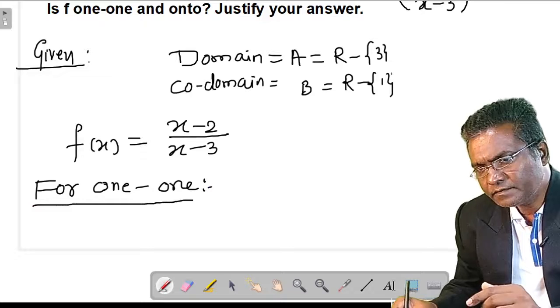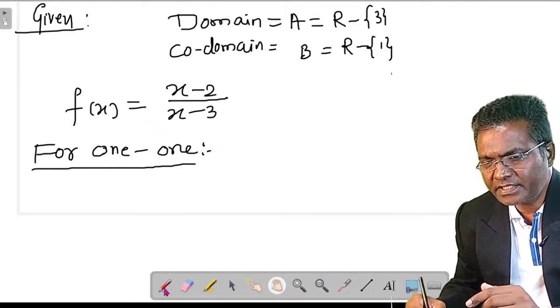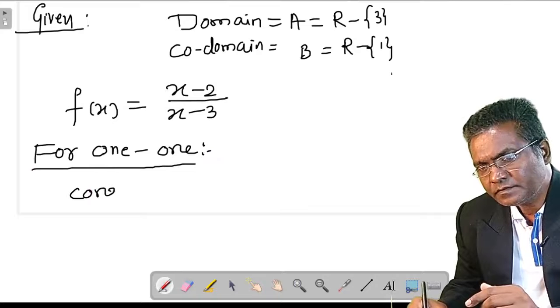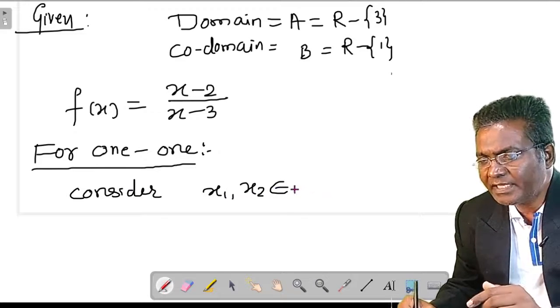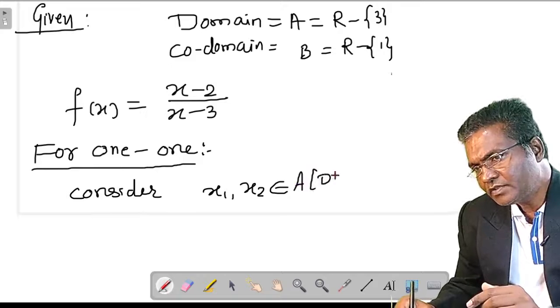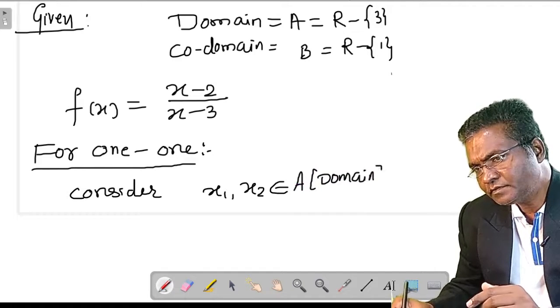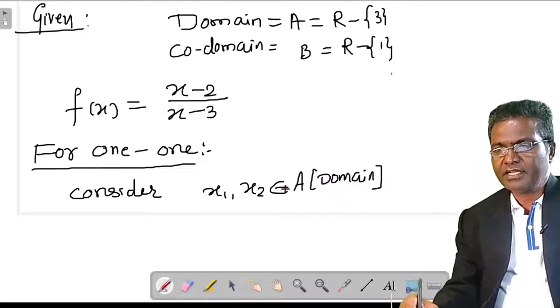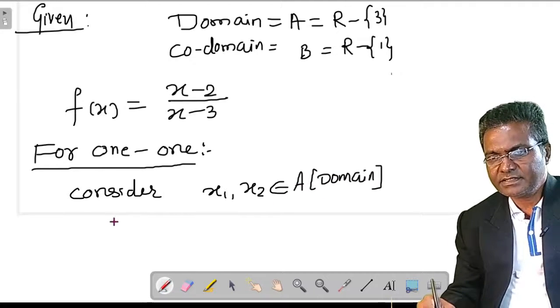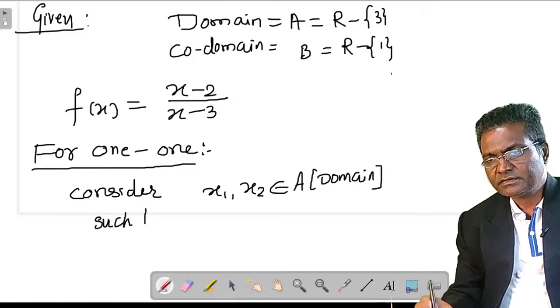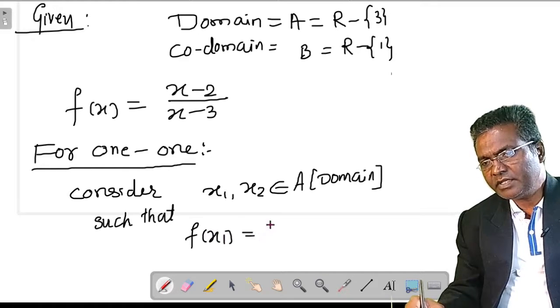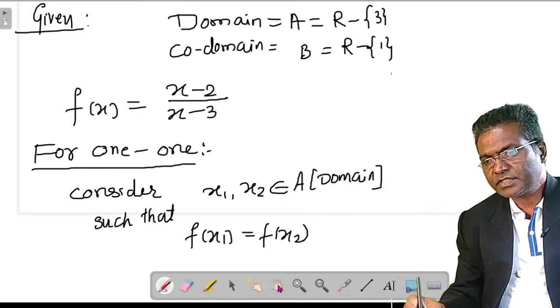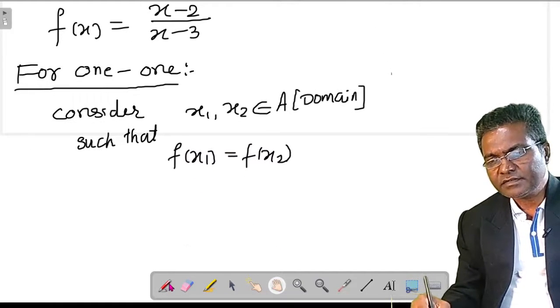for one-one, consider any two elements x1, x2 belonging to the domain A. Okay, so you have to consider two elements from the domain A such that their images are the same, such that f of x1 equal to f of x2.